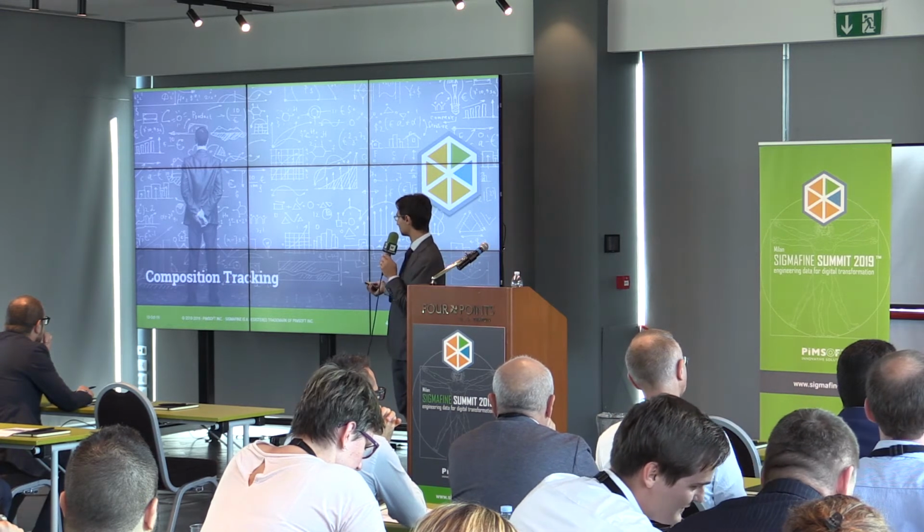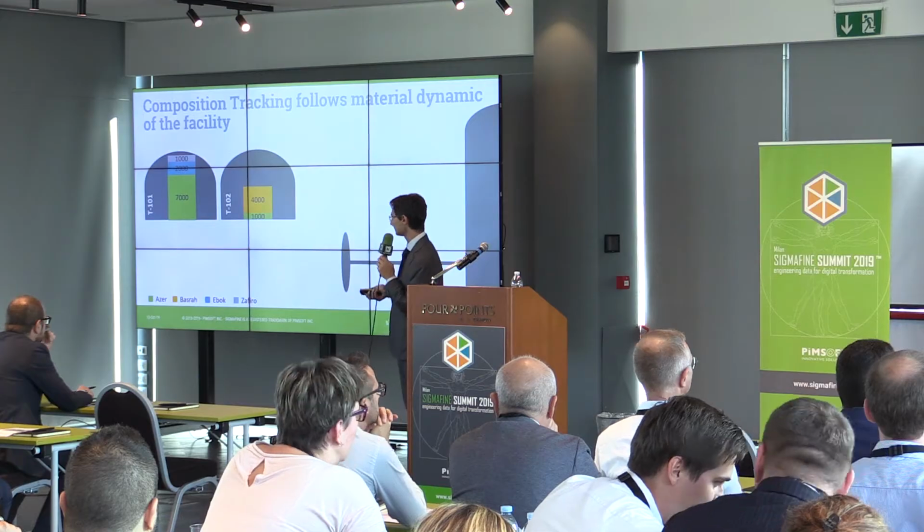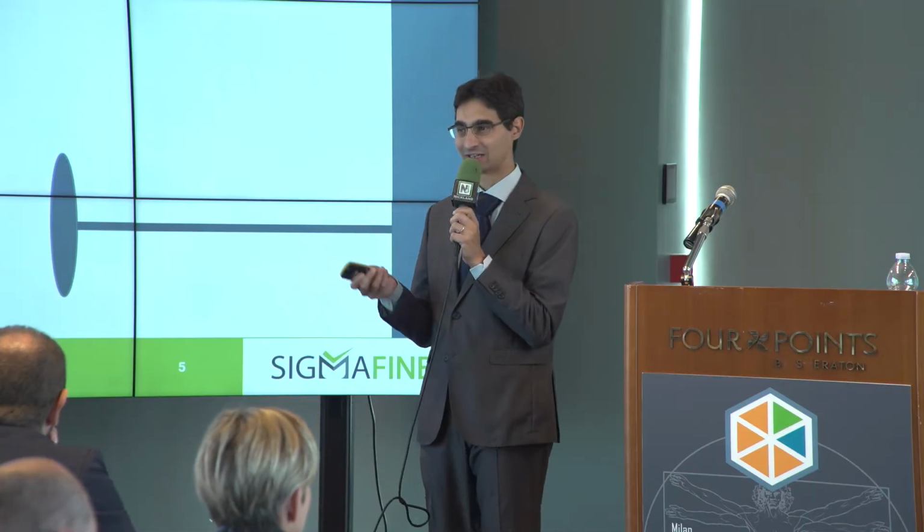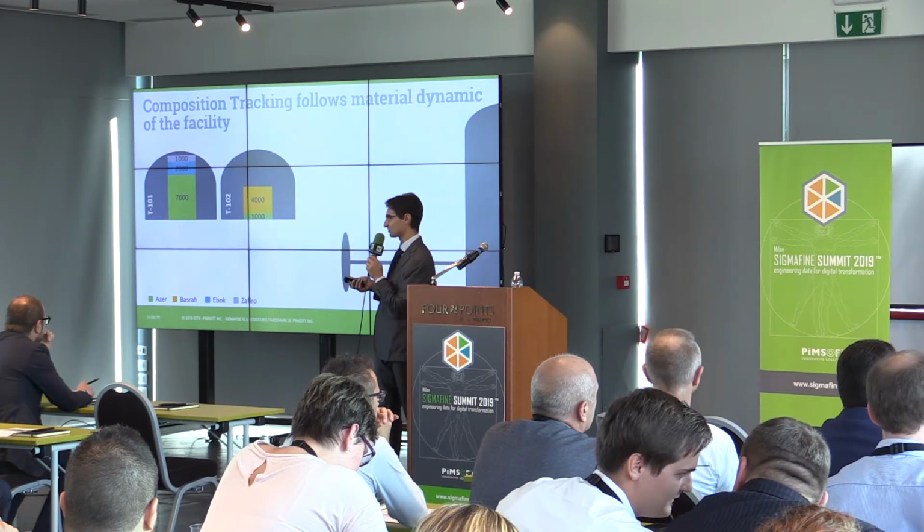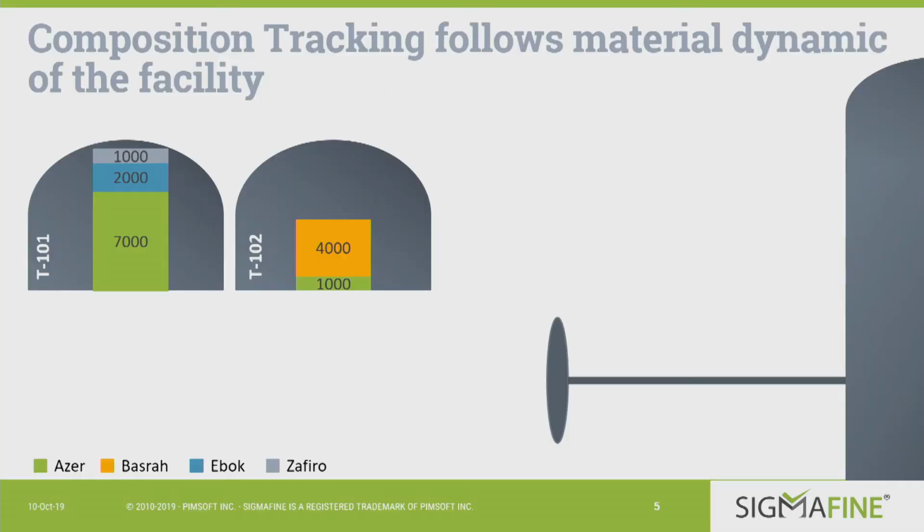So let's now look deeper to the 2 classes. So we start with composition tracking. For those who are not familiar, I have a small animation. So let's assume we have some crudes stored in 2 tanks. And so we are looking at different materials mixed together in a tank. So we have a blend of crudes.